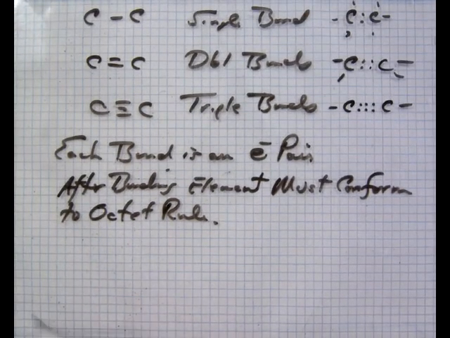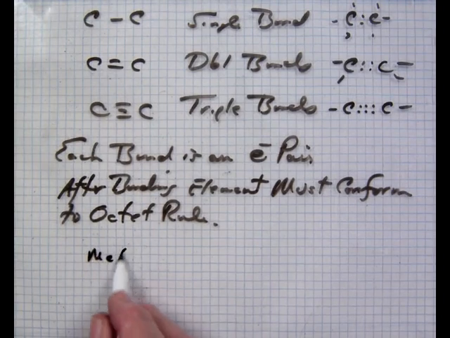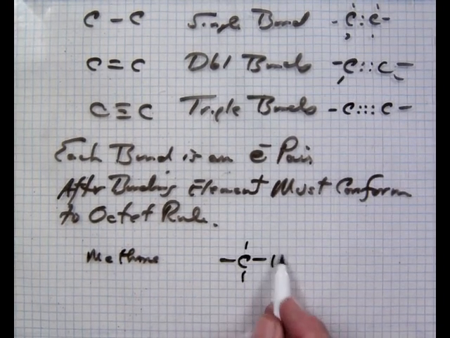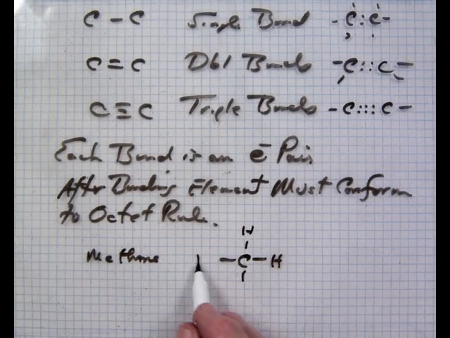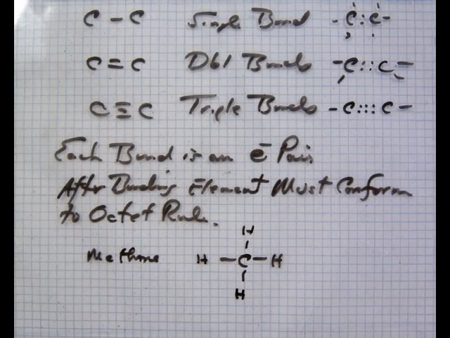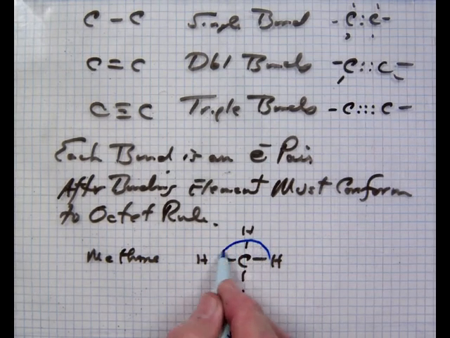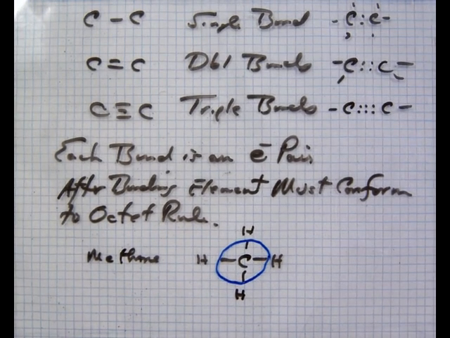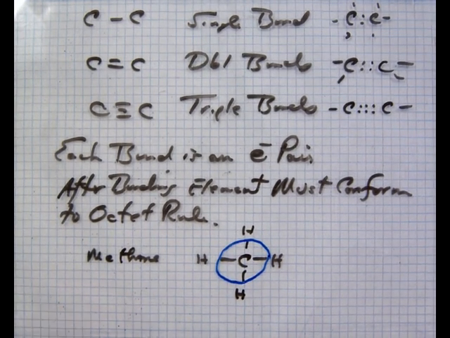Okay, so if we had methane, for example, you would find me writing something of this nature as a structural formula. Well, how do I know that's correct? Well, it conforms to the octet rule. All of these overlap. Inside that blue circle, I have 4 bars. Each bar is 2 electrons. 2 times 4 is 8. So that conforms to the octet.